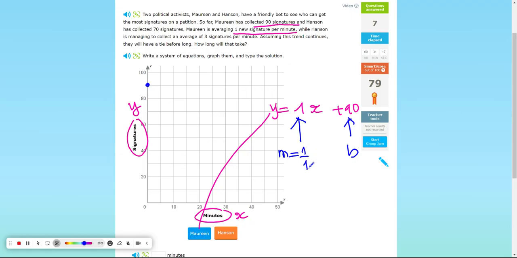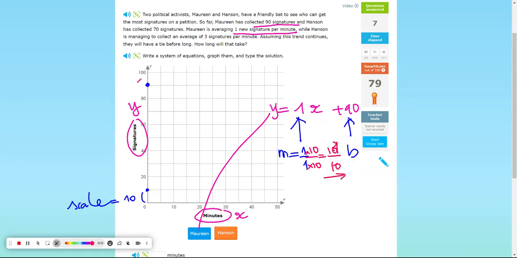So 1 over 1. Ooh, let's take a look at the scale over here. The scale is 10. So in order to write a slope, I need to multiply by 10, and then I also multiply by 10 on the bottom. So 10 over 10. So what does it mean? I go up 10 and then go to the right side 10.